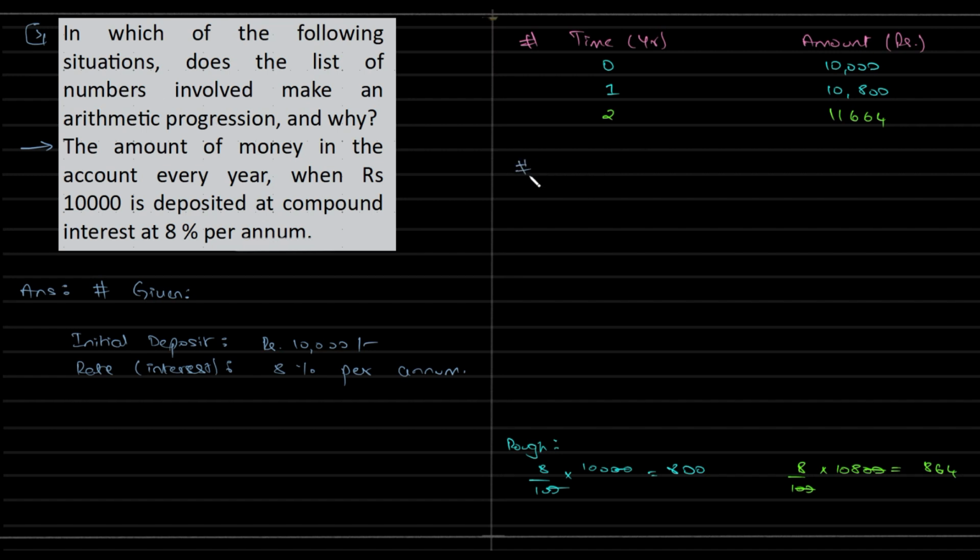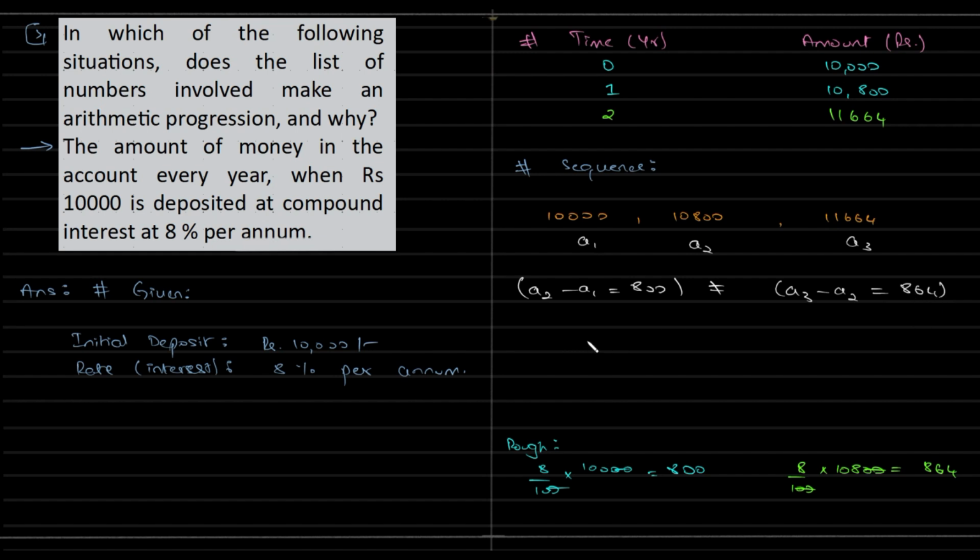So then we look at the sequence. The numbers which make up the sequence are 10,000, 10,800, 11,664. And now we have A1, A2, and A3 as your terms. We can conclude that A2 minus A1, which is equal to 800, is not equal to A3 minus A2, which is equal to 864.